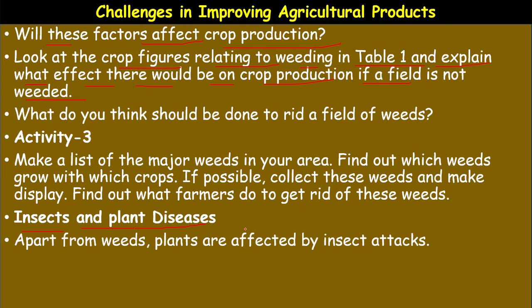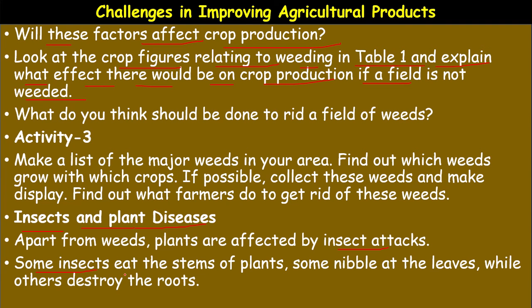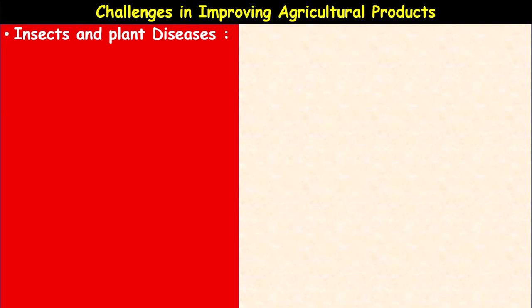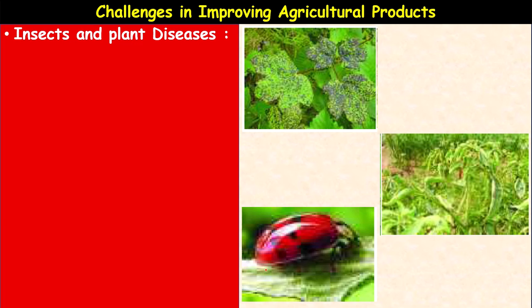So, apart from the weeds, the plants are affected by insect attacks. Some insects eat the stems of the plants, some nibble at the leaves, while others destroy the roots; these are called root grubs. Okay. So, insects and pests, you can see here this is an effect, sucking insects.